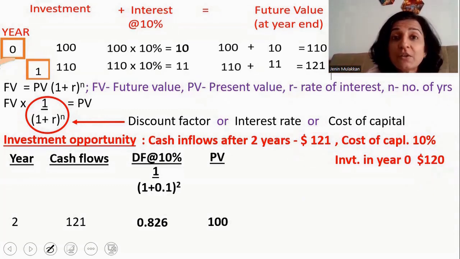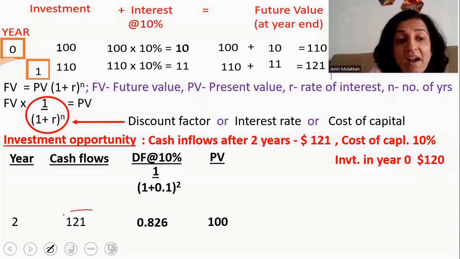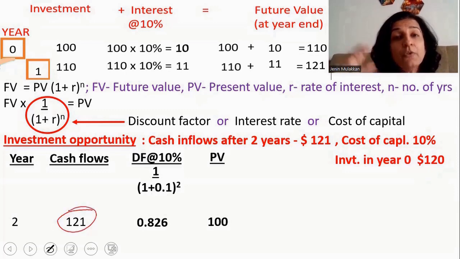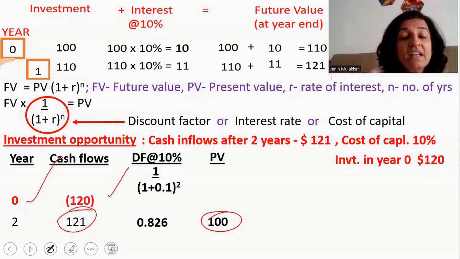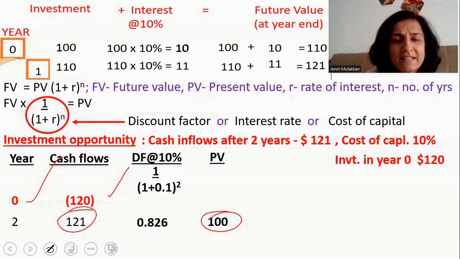So what you're going to say to the CFO is, $121, if you're going to get after 2 years, then the maximum amount that you can invest now is just $100, which means that if you invest an amount of $120 in year zero, means now, whatever investment is taking place now, in order to convert it into present value terms, you have to just multiply it with 1 because now is the present.